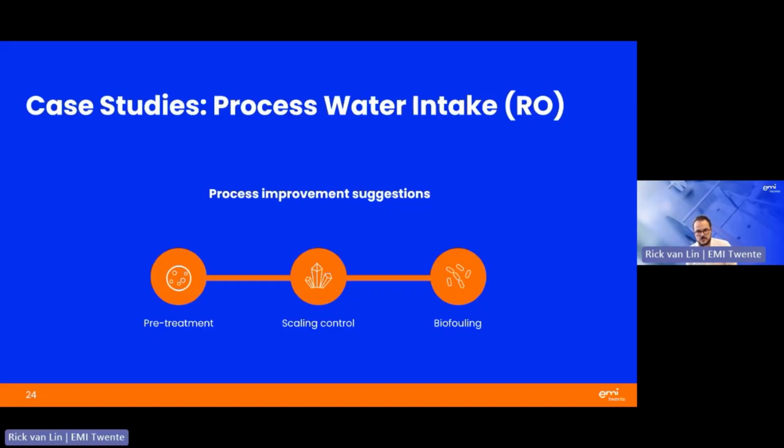Look into scaling control. So acid control to pH 6 or 6.5 helps for this high hardness water, but also for silica. And check the anti-scalant, because this monomeric silica requires a specialized silica anti-scalant. And well, for the biofouling, minimize stagnation in tanks. Consider using a biocide ahead of RO and also make sure that there are no oxidants reaching the membrane.